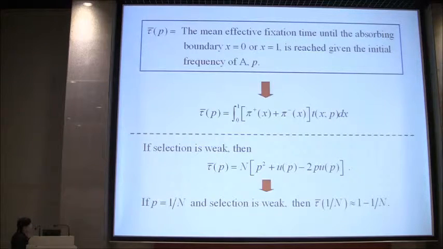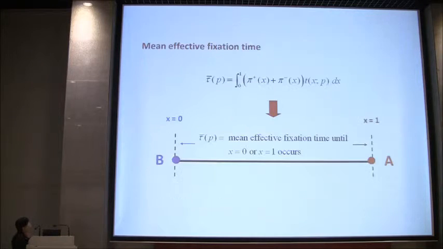If p equals 1 over n and the selection is weak, then we can find that tau bar 1 over n equals 1 minus 1 over n. This is the mean effective fixation time, here it comes with the transition probability, until the boundary occurs.